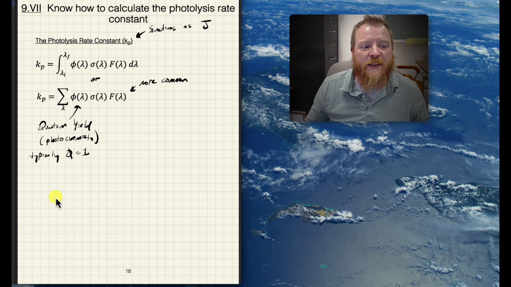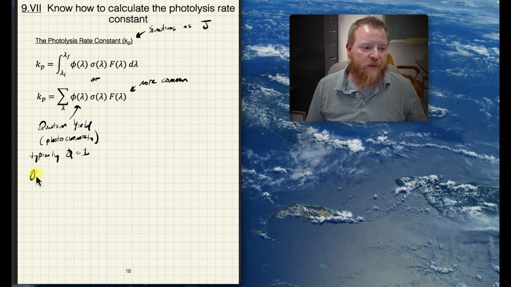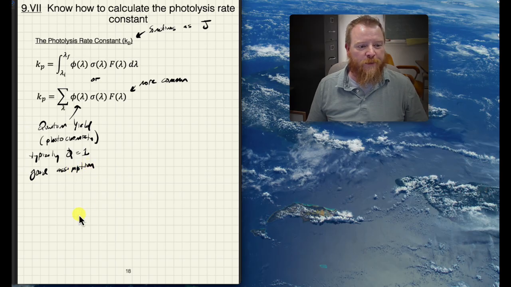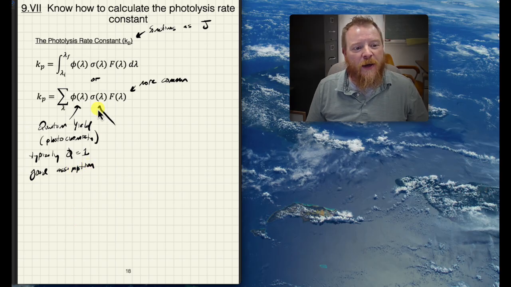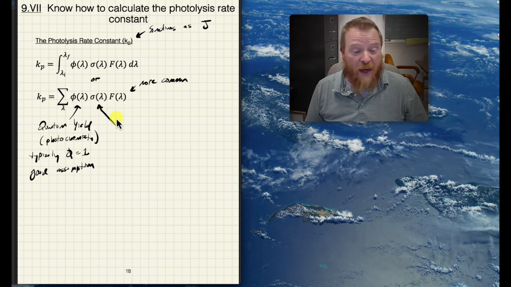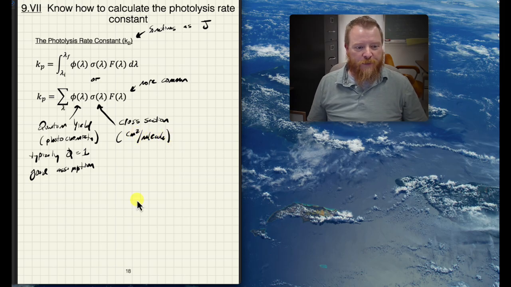Not always, but it's a good assumption. And we'll get into more of those details as we go down the rabbit hole. Now sigma as a function of lambda, we talked about that already. That's the absorption cross-section. That is the base E cross-section given in units of square centimeter per molecule.